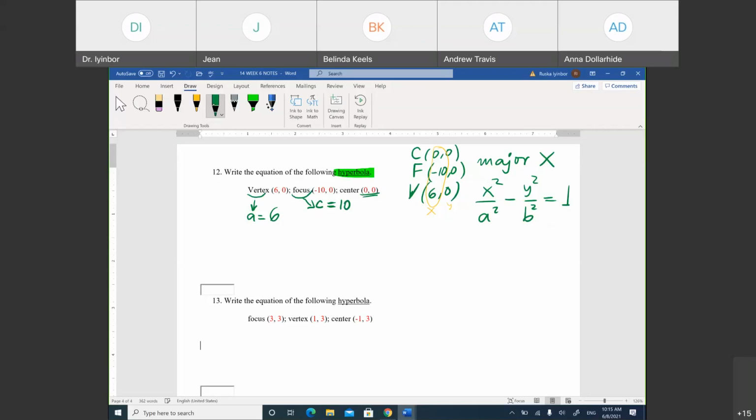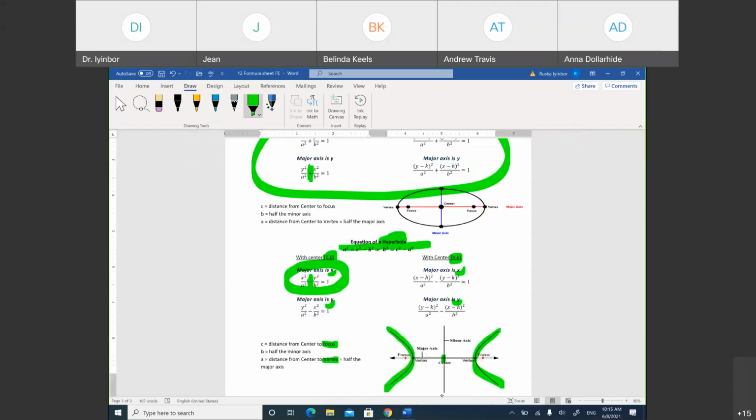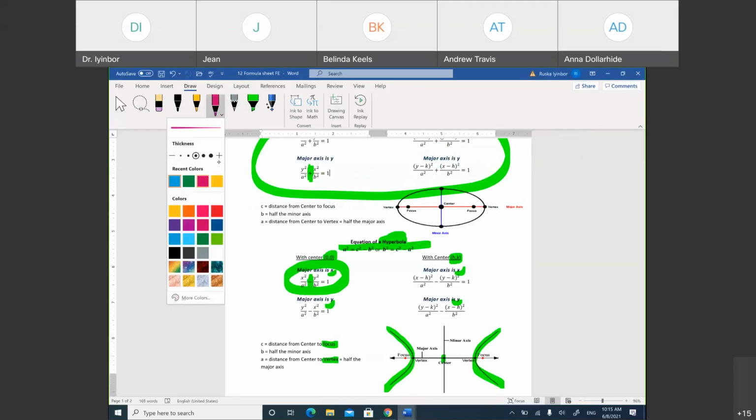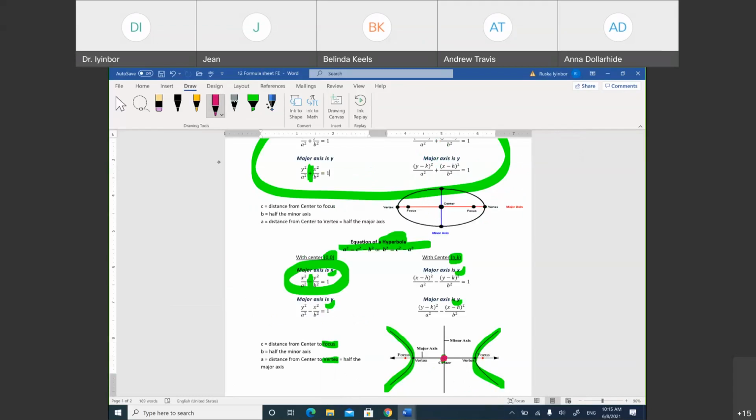Let me show you in the picture here. You have one center here and two vertices, one here and one here. In this case one was 6, and there's another one at -6. But the distance from center to vertex is the same, positive 6. Now one focus is at 10, the other focus is at -10, but C, the distance from center to focus, is positive 10.